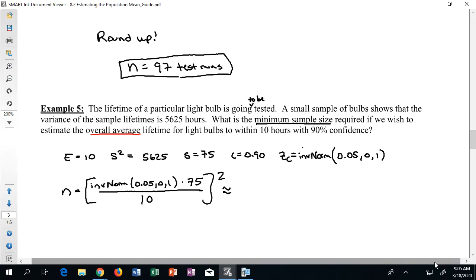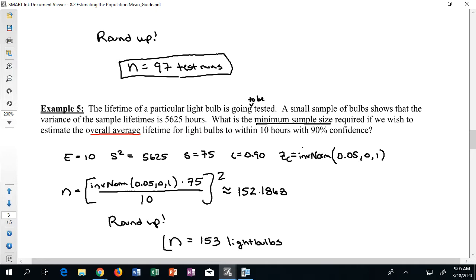When I crunch that on the calculator, I get the number 152.1868. Of course, I can't work with that, so I need to round up. And that gives me a final answer of 153. The units on this, though, are important. My units here should be light bulbs. This is the number of light bulbs that I need to test.